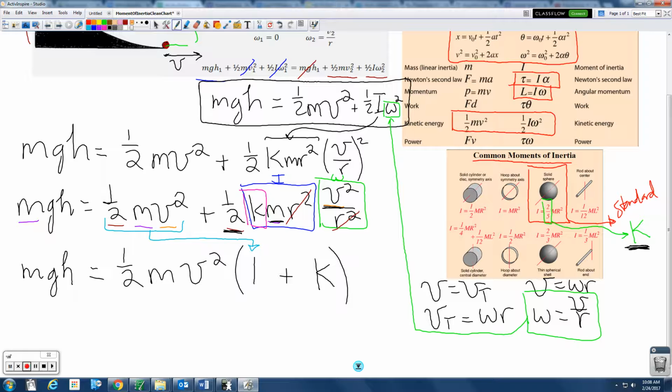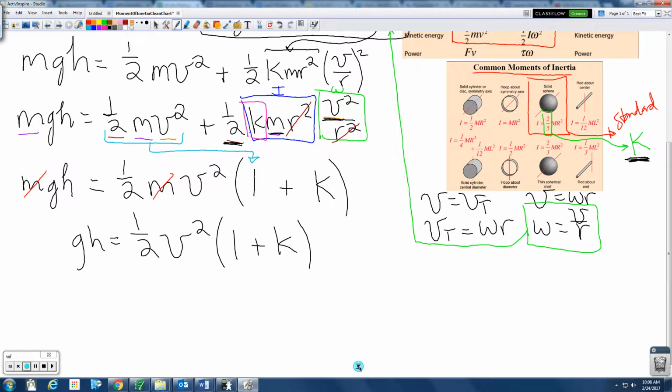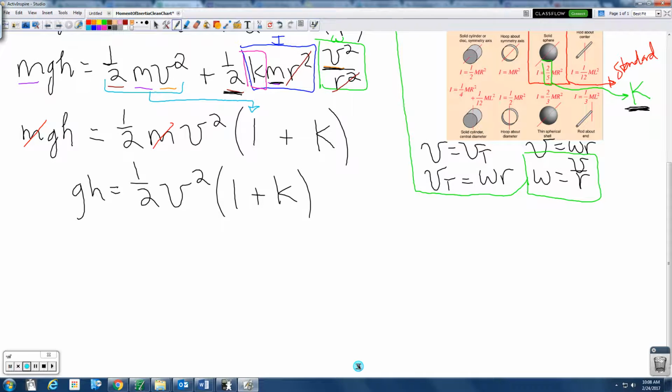Now I can see that if I divide both sides by m, then my m's go away. Now what are we left with? gh equals 1/2 v squared, 1 plus k. Now I said I wanted to solve for k, so let's do our order of operations properly. Multiplying both sides by 2, I get 2gh.